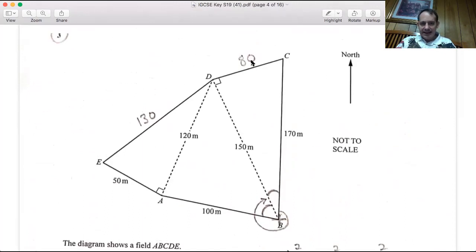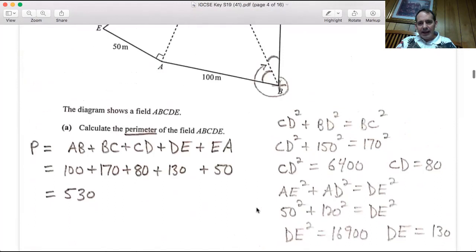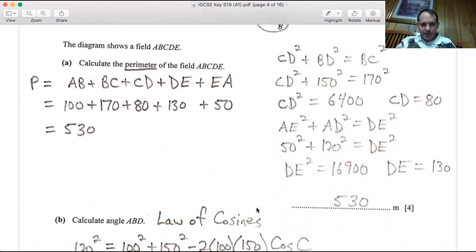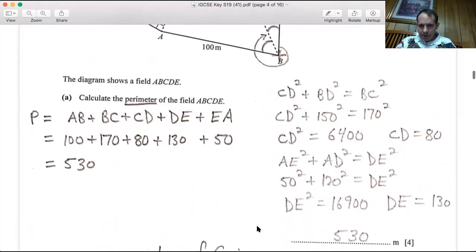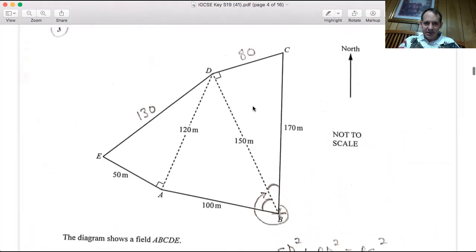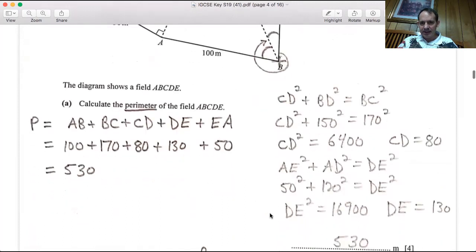For the 80, let's see here, where did I put that work. Here it is right here. So that is the C to D. Notice this is a right triangle, so we can use the Pythagorean theorem where 170 is the hypotenuse and 150 is a leg.